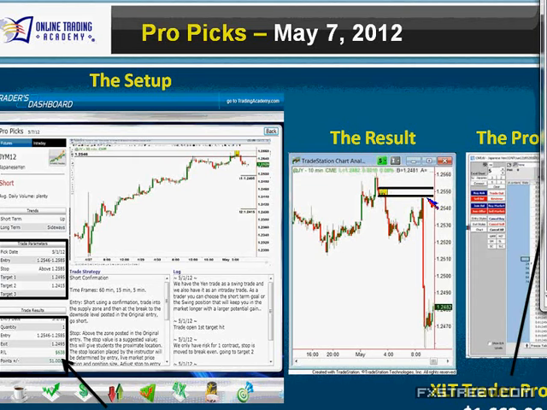That would be like me saying only buy your groceries when price has gone up. Only fill your car with gas when price has gone up. Don't ever fill up your gas tank when price is down. Only buy your favorite television set when it's going up in price. Don't ever buy it when it's on sale. You see how ridiculous that sounds? But that's exactly how everyone's taught to trade in the market.